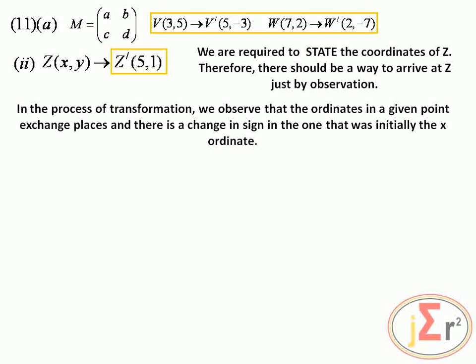In the process of transformation that we have here, we observe that the ordinates in a given point exchange places, and there is a change in sign in the one that was initially the x ordinate. So we have right here 3, 5 going to 5, negative 3. The values exchange places, and we have a change in the sign of the one that was initially the x ordinate. And we have the same thing down here.